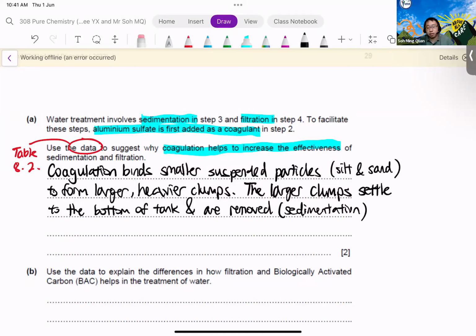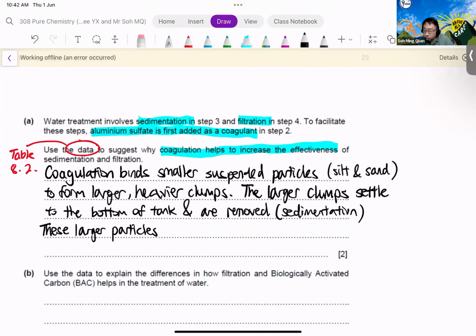Now the next part is filtration. We must talk about filtration, right? These larger particles, how come filtration will become easier if they are larger? Because these larger particles have a size larger than 0.02 micrometers.